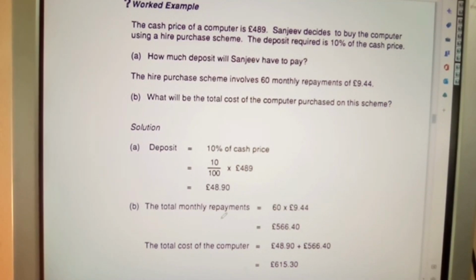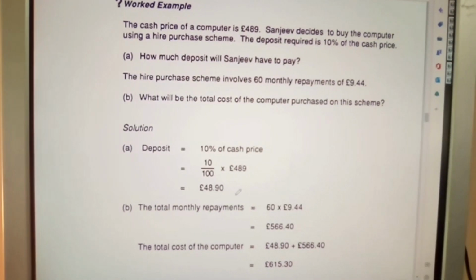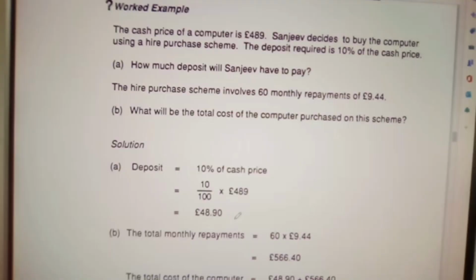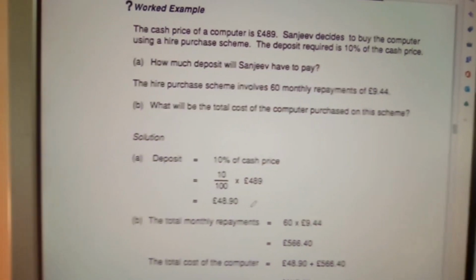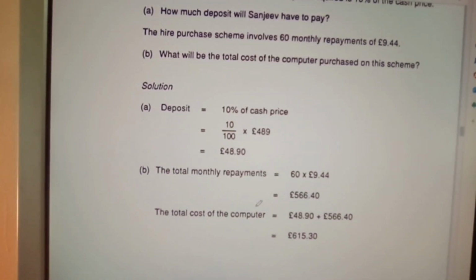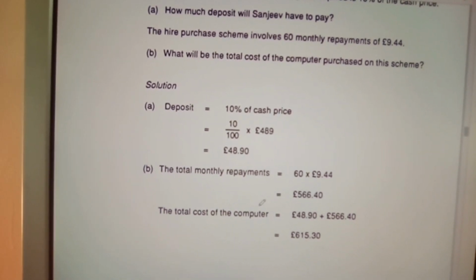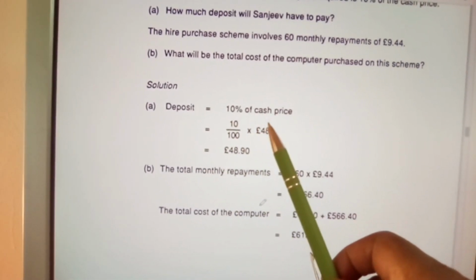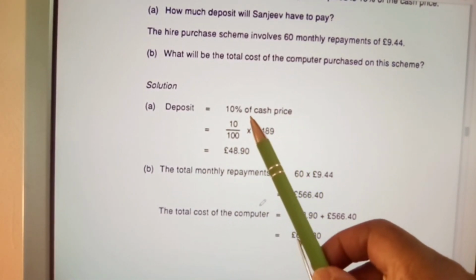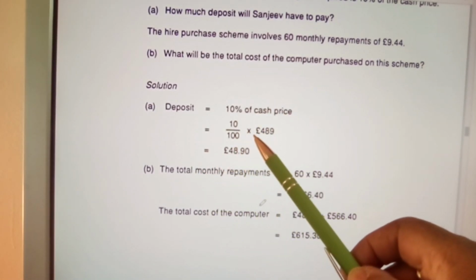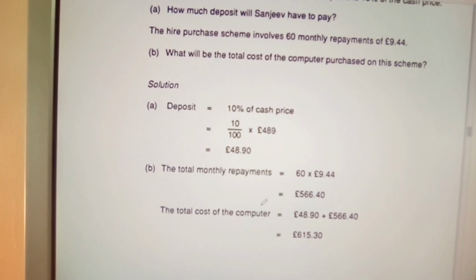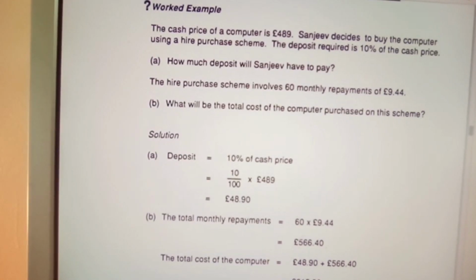Solution. You need to bear in mind that you have to actually do the calculation for yourself now. Deposit equals 10% of cash price, and we know the computer cost £489, so we can extract our information from here.